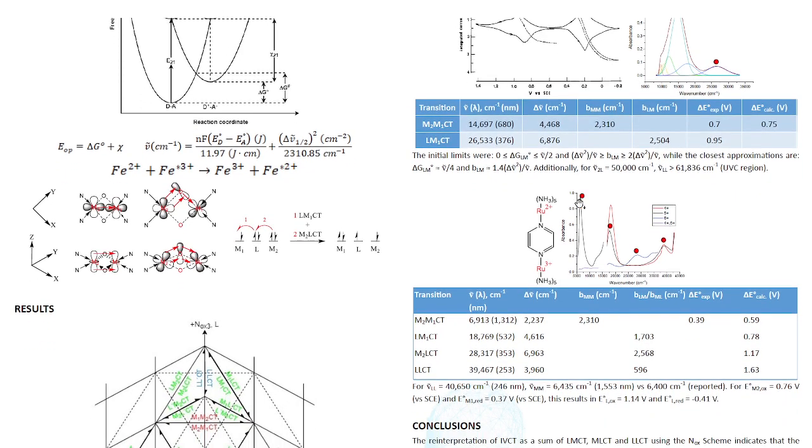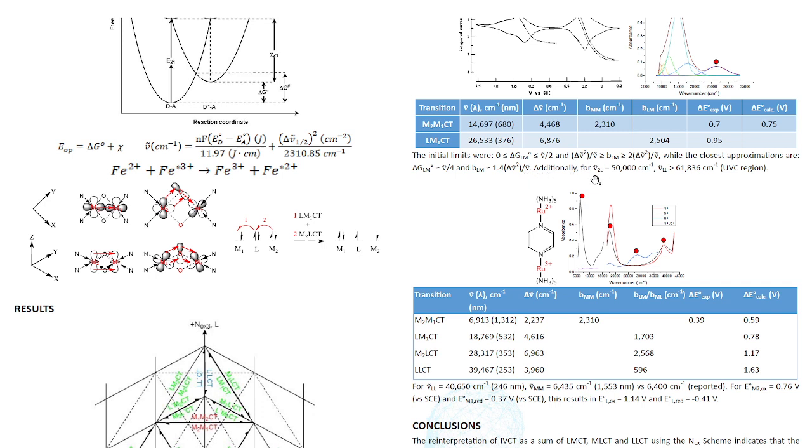This is the initial limit in which the free energy and the BLM term, the numerator, are shown here, while the closest approximations are for the free energy, the absorption maxima over 4, and the BLM term, 1.4 times the full width at half maximum squared over the wave number of the absorption maximum.